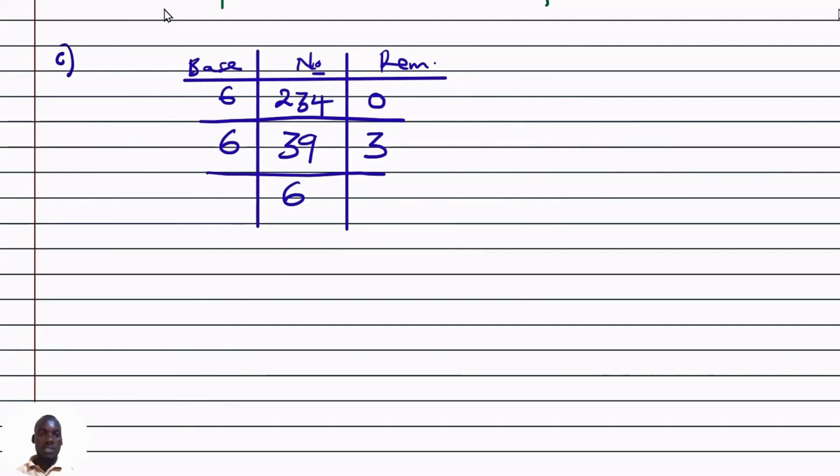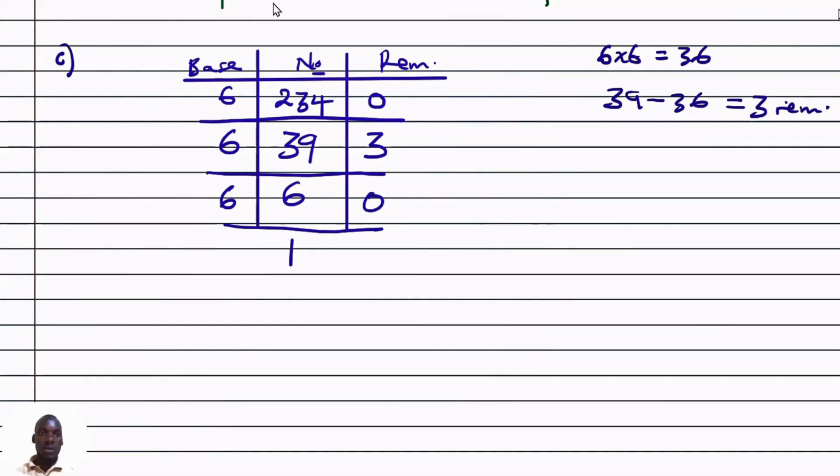Sometimes students find it difficult to get the remainder. In here, if you divide, you get 6.5. So what you do, you get 6 multiplied by 6 to give you 36. Then the 36 is taken away from the 39 to give us 3, which is now the remainder. As you proceed, 6 divided by 6 gives me 1, and then remainder 0.